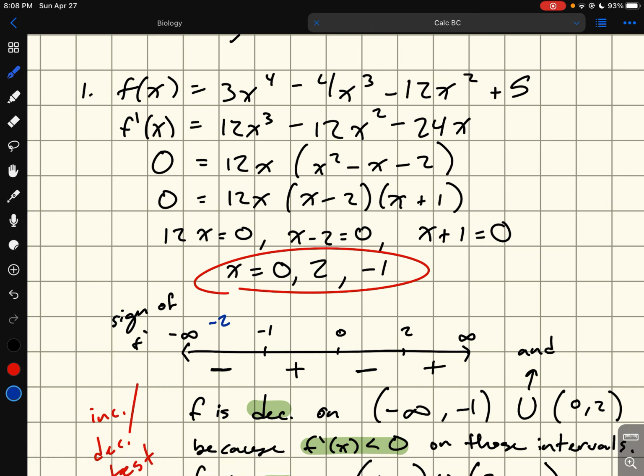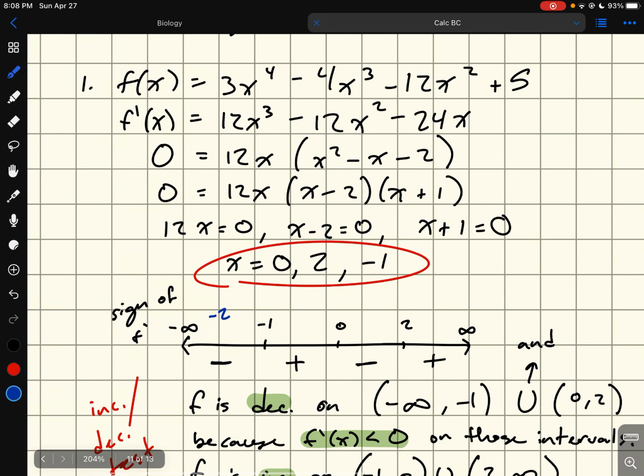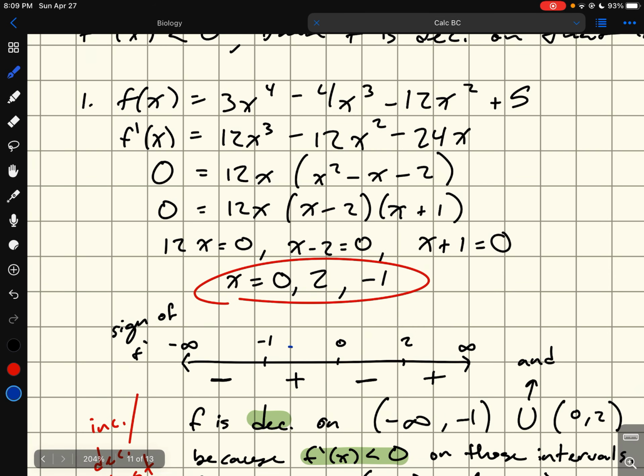So I'm just going to plug in a negative 2. A negative 2 into this is negative. And we get negative and a negative. So 3 negatives, that makes a negative. If I plug in negative 0.5, I'm going to have negative, negative, positive, so that becomes positive.